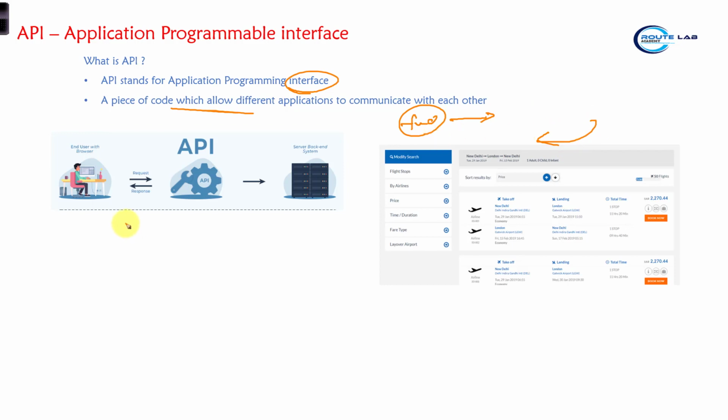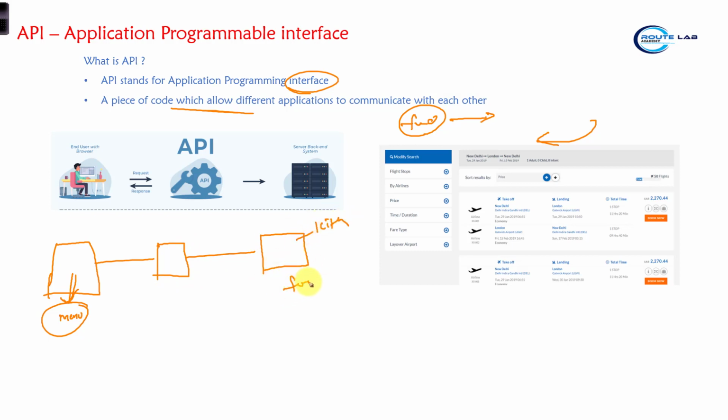So if you take an example of a hotel, you are a visitor visiting the hotel, and in order to order some food, you'll have a menu. From this menu, you will select any one of the items and call your waiter and place the order, and he will inform the kitchen in order to prepare the food, right?